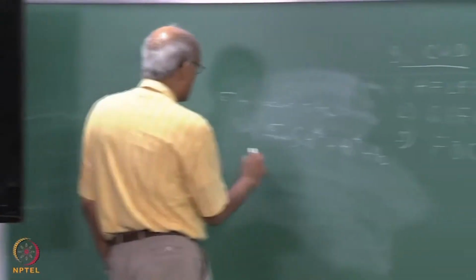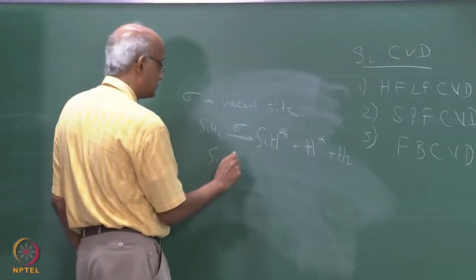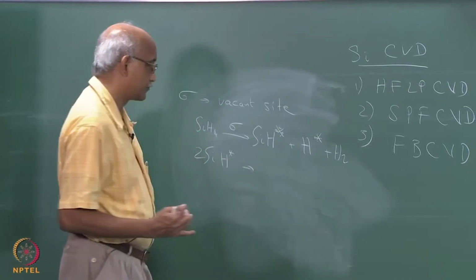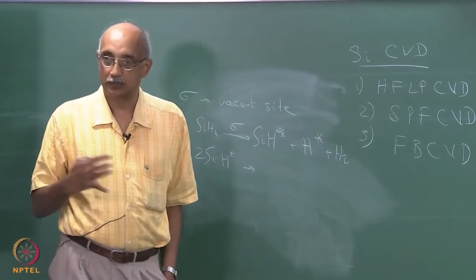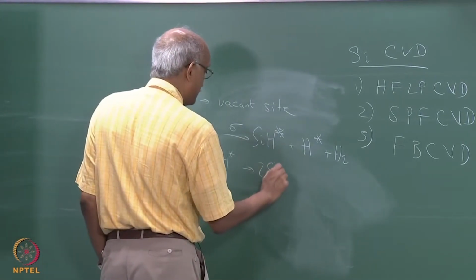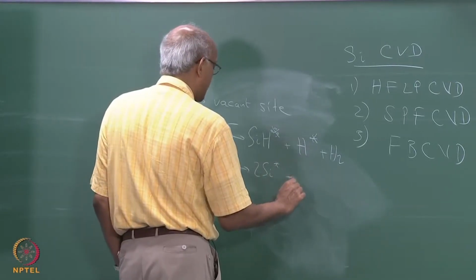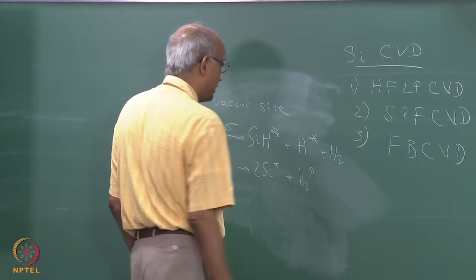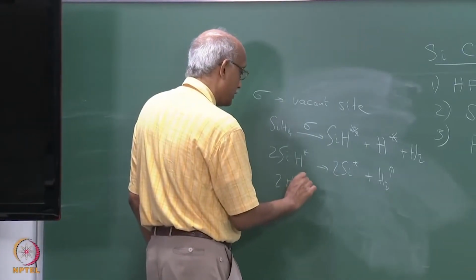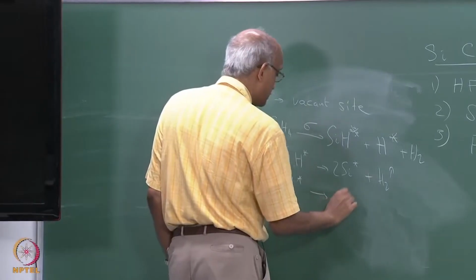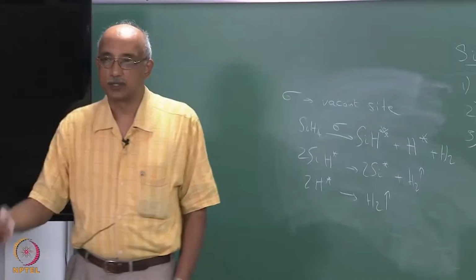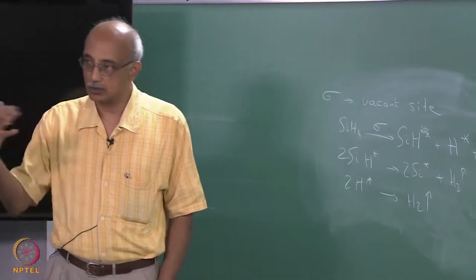The second step in the adsorption is that 2 SiH stars essentially combine through a process of clustering, and you get 2 Si adsorbed plus again H2 leaving, and similarly 2 of the adsorbed H molecules find each other and leave as H2, which frees up that vacant site for additional adsorption.